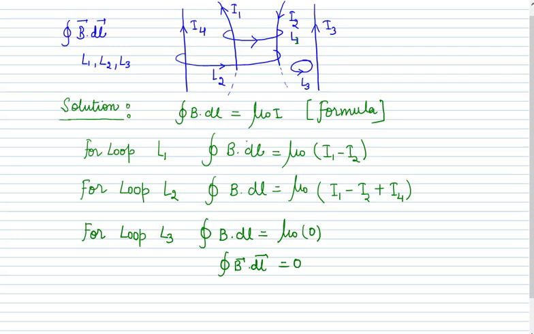Next one. In the next one, we are given a semicircular loop, and it has a center C. The current flowing in the anti-clockwise direction is capital I. The two ends of the semicircle are given as P and Q, and the radius of this semicircular structure is capital R. So R is the radius, C is the center.